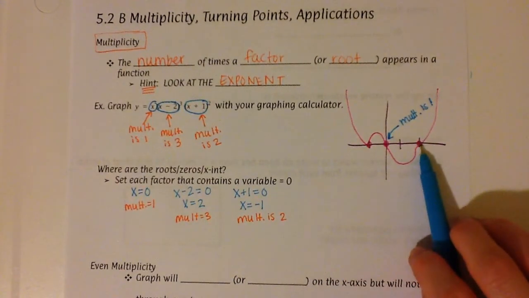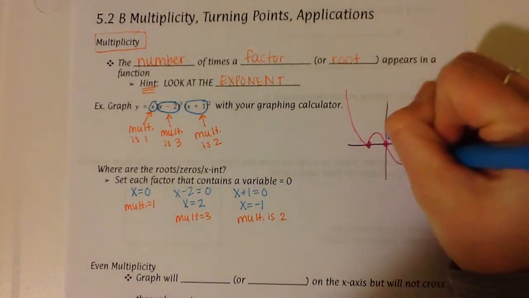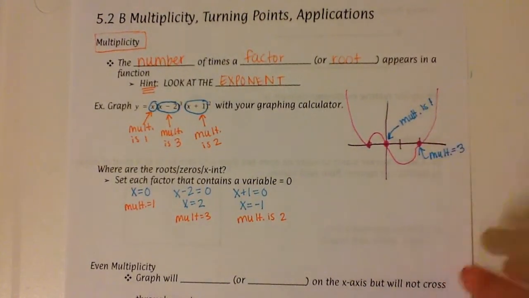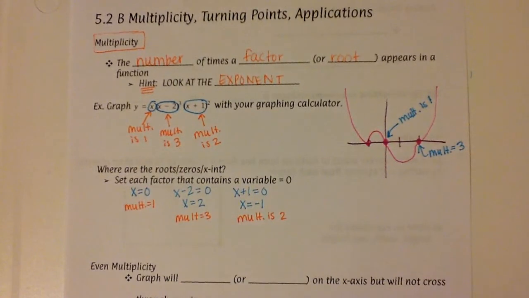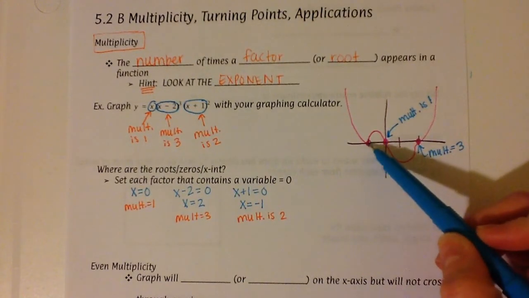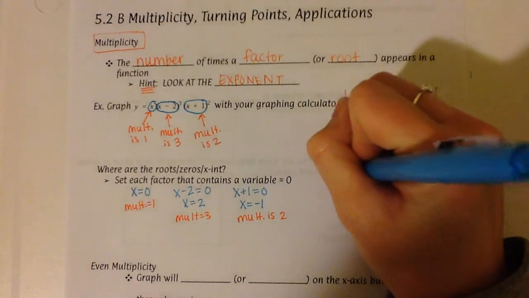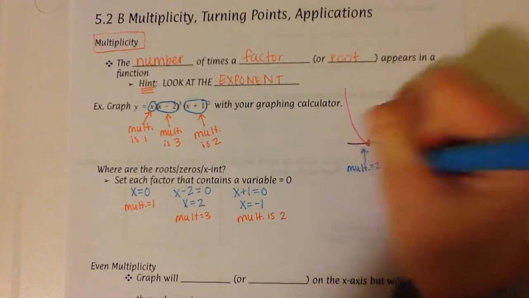So it crosses the x-axis at x equals 2. And that one, the multiplicity is 3. And then the last one we said x equals negative 1 was a 0. So at x equals negative 1, it crosses the x-axis, which makes it a 0. And that multiplicity is 2.